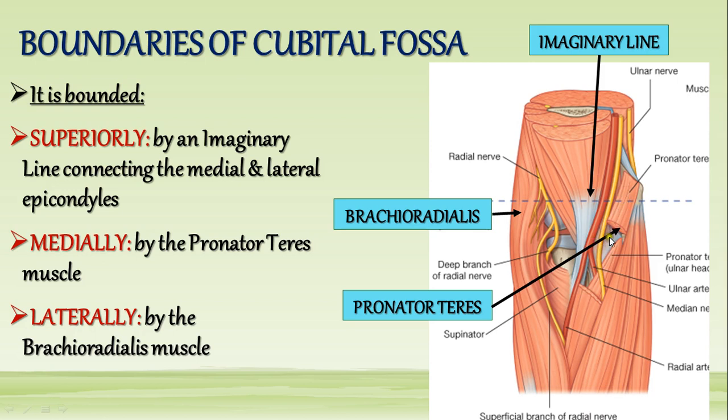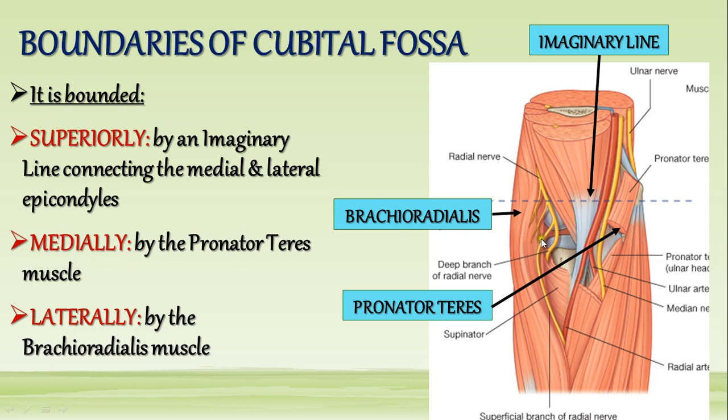Now, in this figure, the pronator teres muscle is dissected to show the neurovasculature present in the cubital fossa. The lateral wall of the cubital fossa is formed by another muscle which is called the brachioradialis muscle. The brachioradialis muscle and the pronator teres muscle are muscles of the anterior compartment of the forearm.